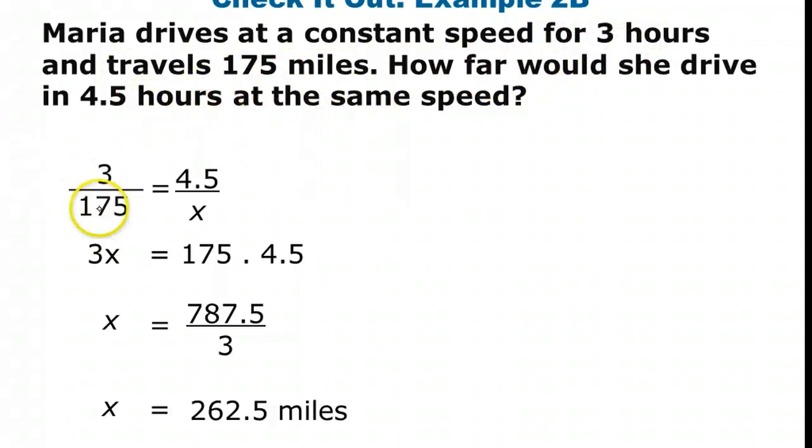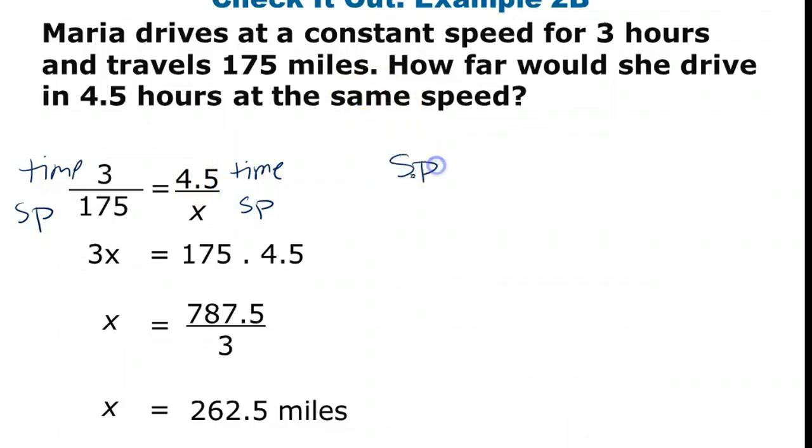So here they set up the proportion. They put time to speed. Time needs to be on top since time. Alright, so this is time to speed. This also has to remain constant. Time to speed. Now we could flip them around, it wouldn't matter.